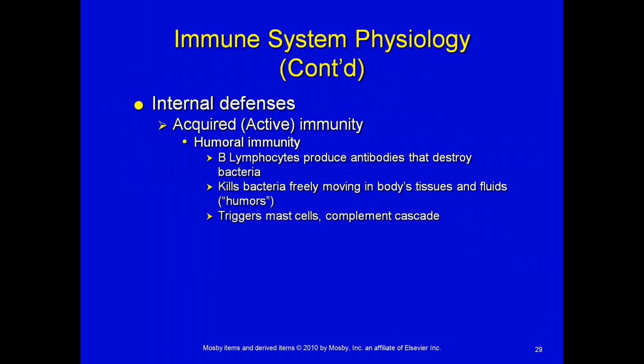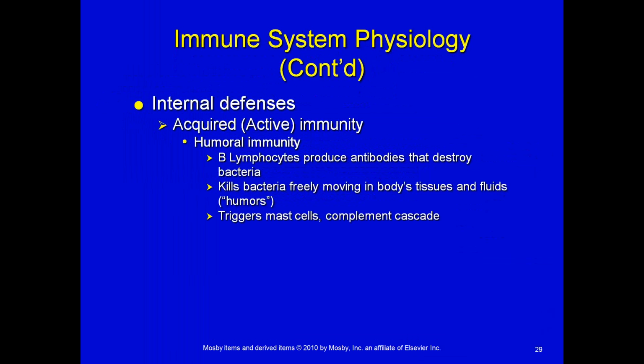Humoral immunity occurs with the B lymphocytes producing the antibodies that destroy bacteria. It kills the bacteria freely moving in the body's tissue and fluids. It also triggers mast cells to release histamine and bradykinin.